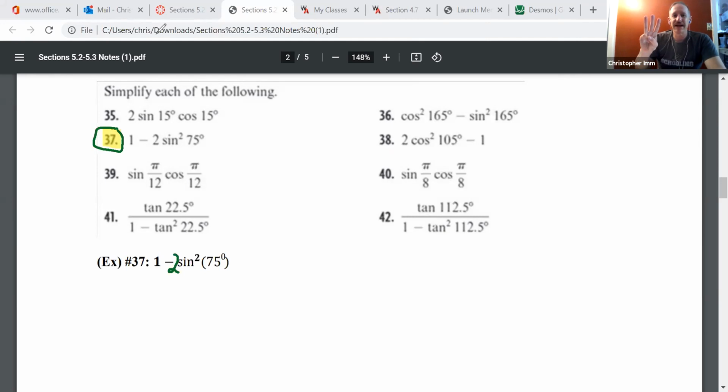Here we go. 3, 2, 1, send it. All right. Let's see. Got 1. 2.